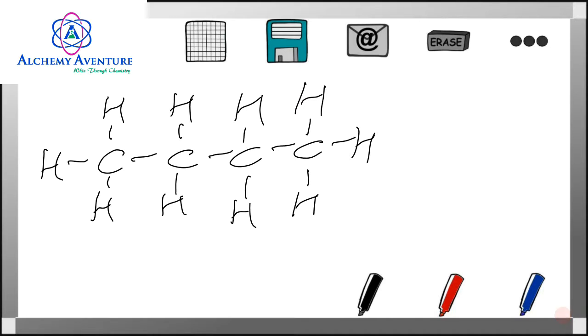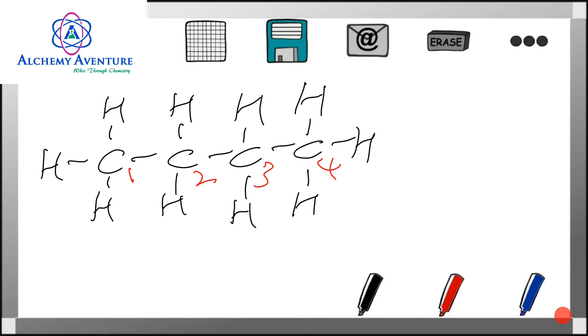Before we draw the skeletal formula, we need to count the total number of carbon atoms that a molecule has. 1, 2, 3, 4. Therefore, there are 4 carbon atoms in the parent chain.